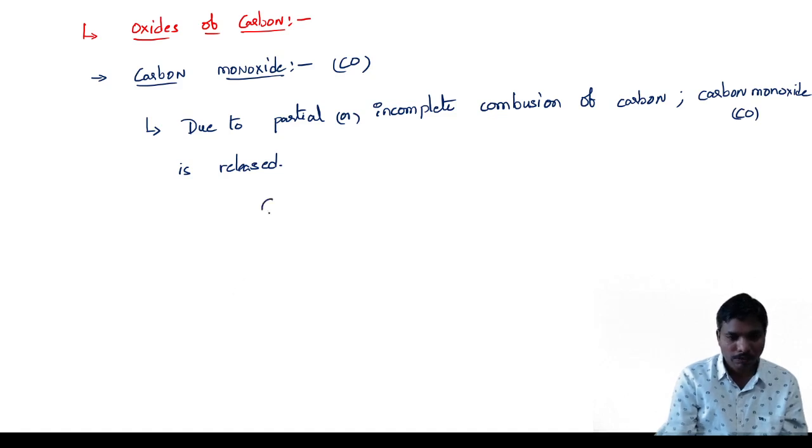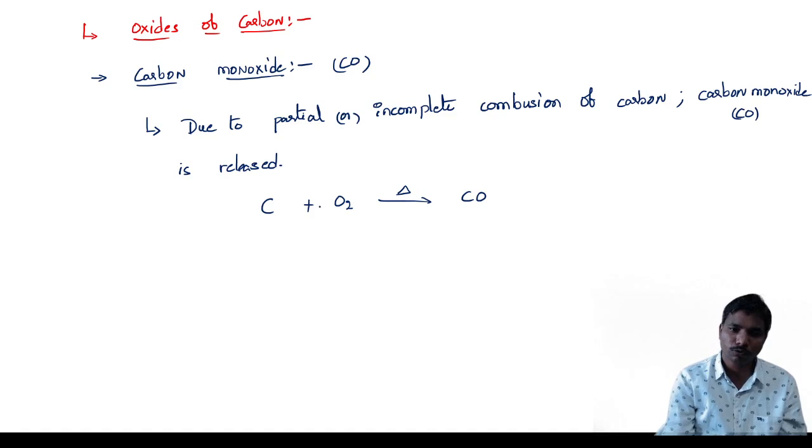That means if you consider carbon in solid form with oxygen, you go with combustion. Here carbon monoxide is formed. Okay, if it is a partial combustion, it takes less oxygen, that is half O2.